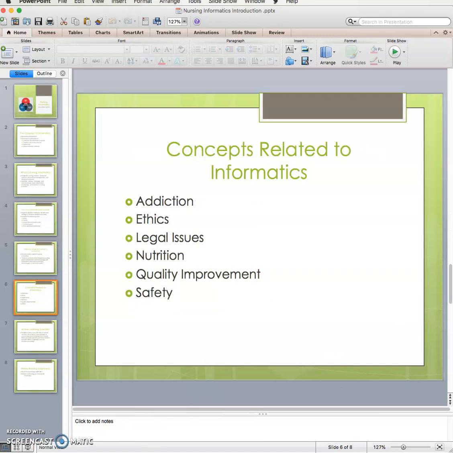Now let's look at some concepts related to informatics. Addiction. Electronic health records give healthcare providers, including nurses, access to the patient's entire health history, not just information from this particular encounter at this particular facility. The linking of electronic health record information may help identify individuals who are at risk for opioid addiction and who are engaged in obtaining these drugs illegally.